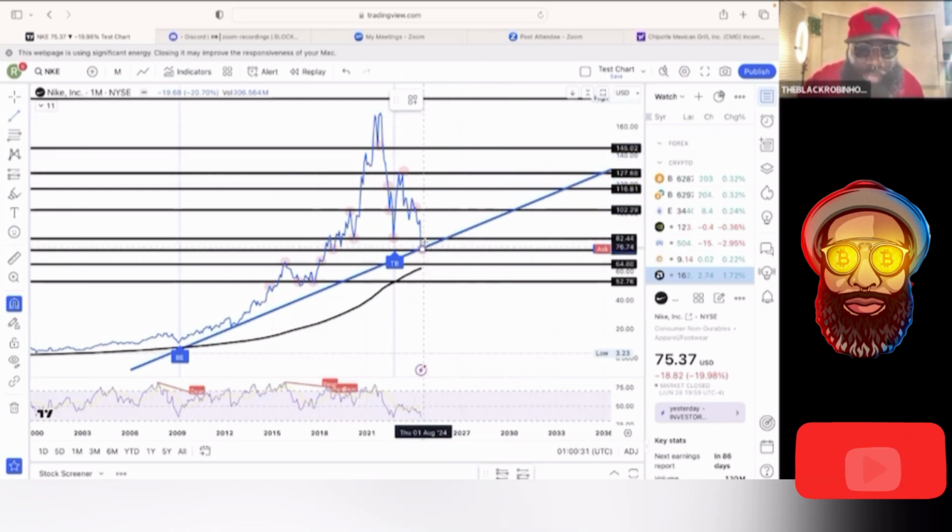And for now, if it does go up, it's going to face resistance at 82. That is not certain. It's likely to face resistance at 82, right? But anything can happen in the market.